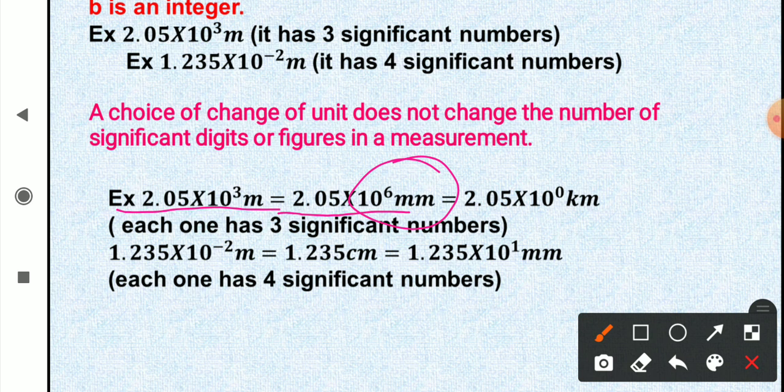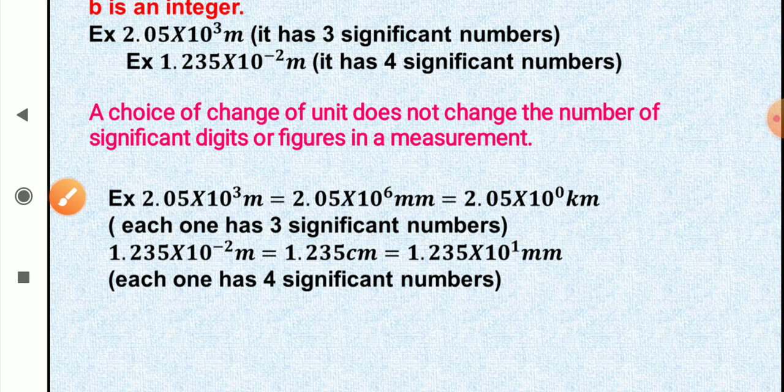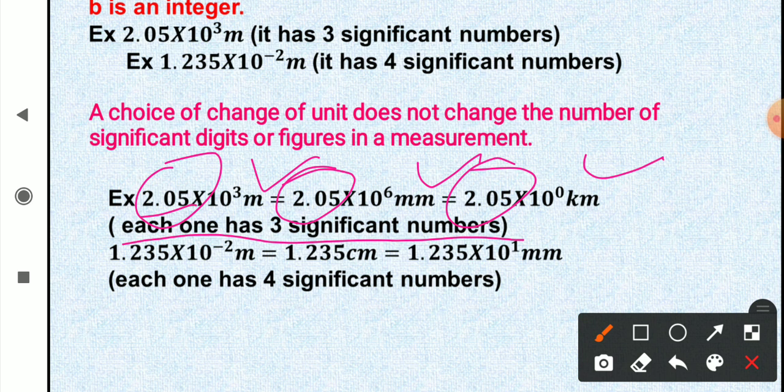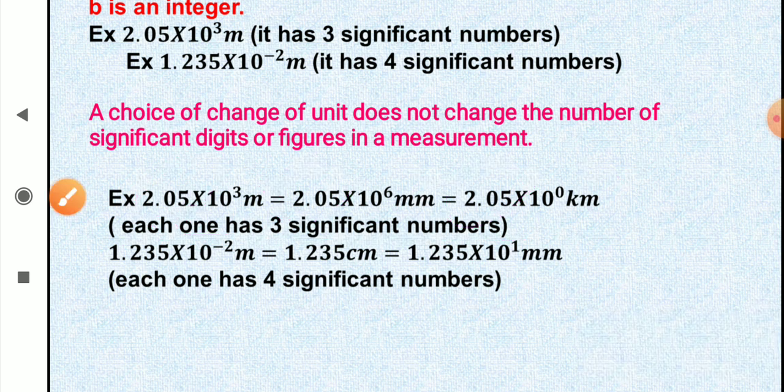And if you want to convert it to kilometer, you can write it as 2.05, see, kilo is 10 to the power 3, kilometer and I can write it as 10 to the power 0 also. So you see, in each case, the number of significant figures is 3 only. We have changed the unit from meter to millimeter and kilometer, but the number of significant figures remains the same.